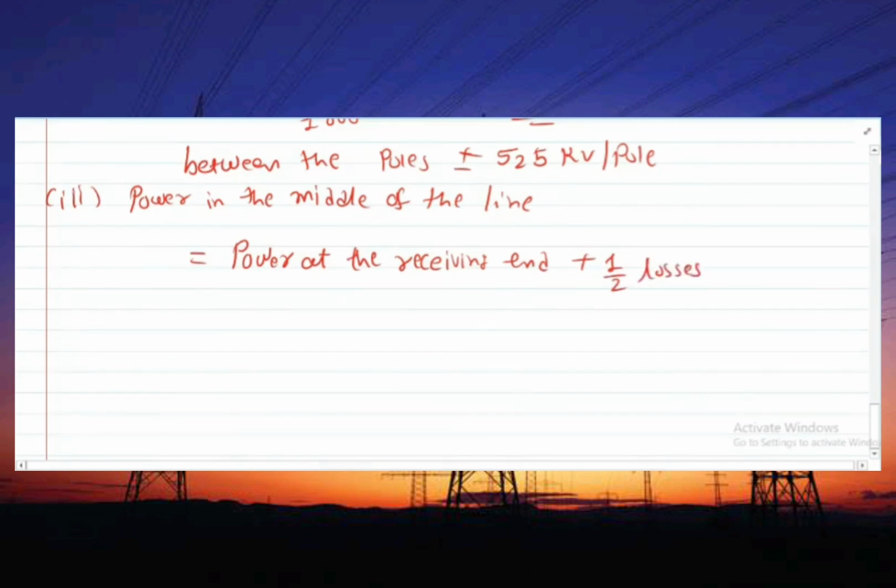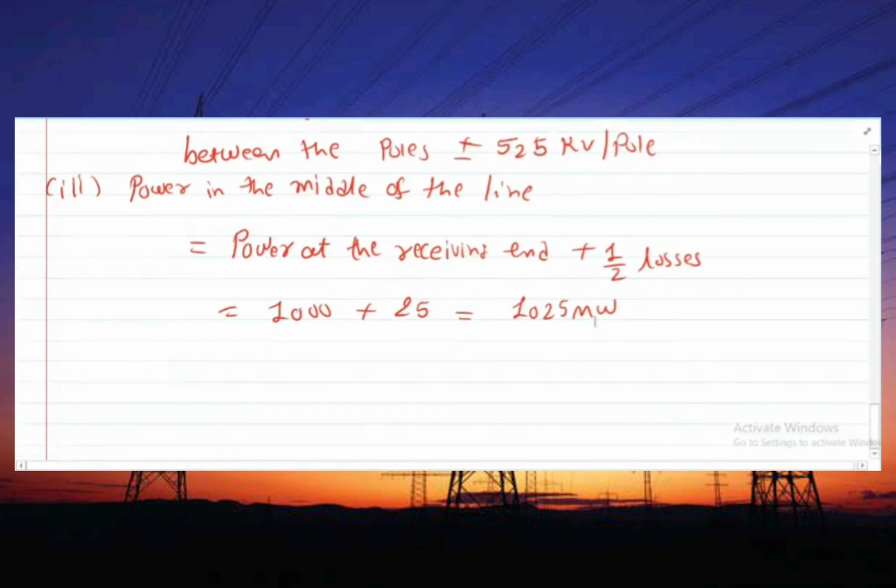If you take the power at the sending end, then it is minus half losses. So it is 1000 plus the losses, 50 megawatt, divided by 2, so it is 25. So you get the power in the middle of the line, which is 1025 megawatt.